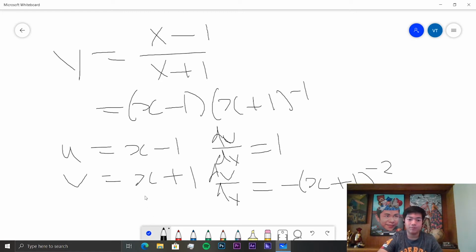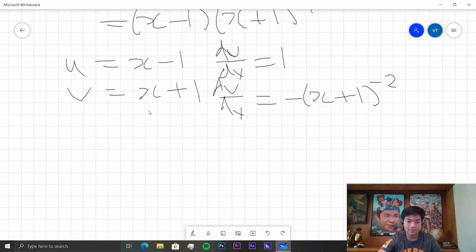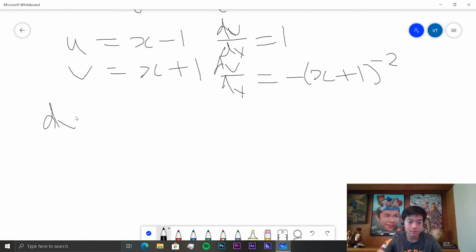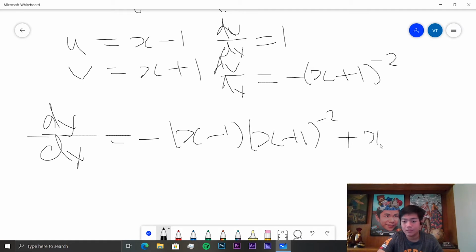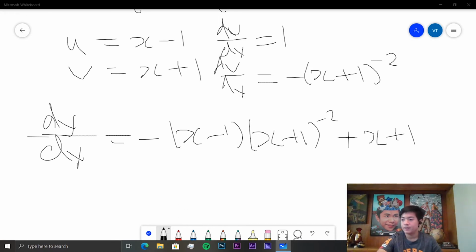And so dy over dx will be equal to u times v prime, so this is negative x minus 1 times x plus 1 to the negative 2, plus x plus 1, really. So yeah, this should be the correct answer.